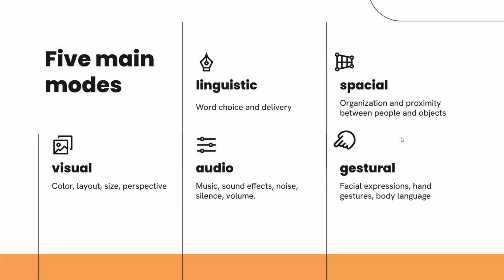And then we have gestures, the parts where actors shine: facial expression, hand gestures, body language. So, for example, does the person have a happy face, a sad face, a regretful face, a mournful face? Is the person very active in the way they are gesticulating, or are they very calm, and that is contrasting with the way they speak, for example?